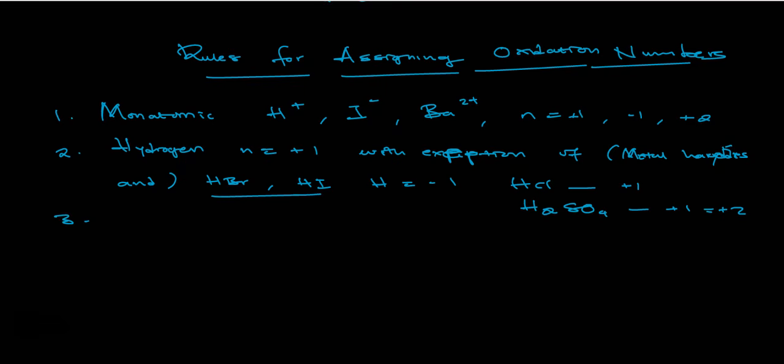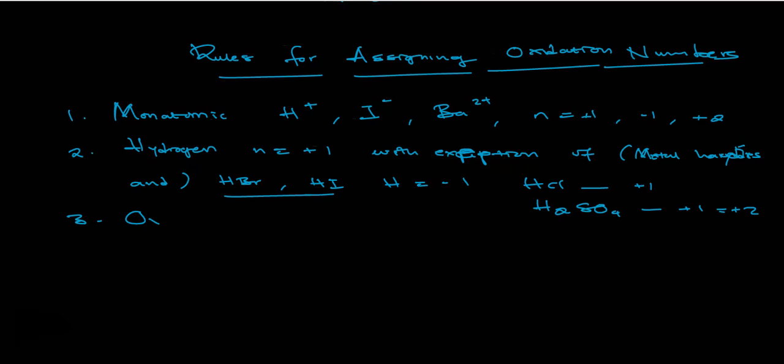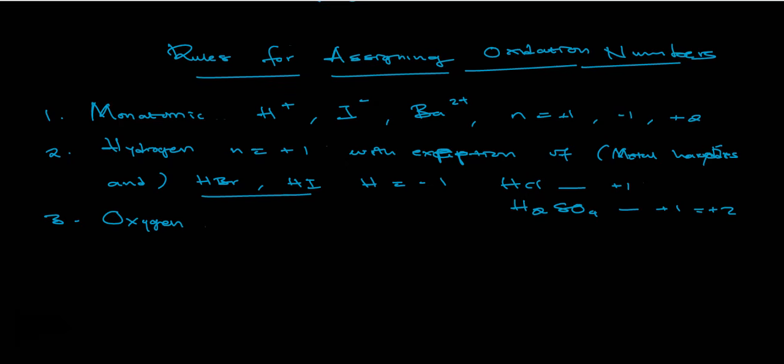Number 3, let's talk now about oxygen. What do you need to know about oxygen? The oxidation number of oxygen in all compounds is -2, with an exception of hydrogen peroxide.